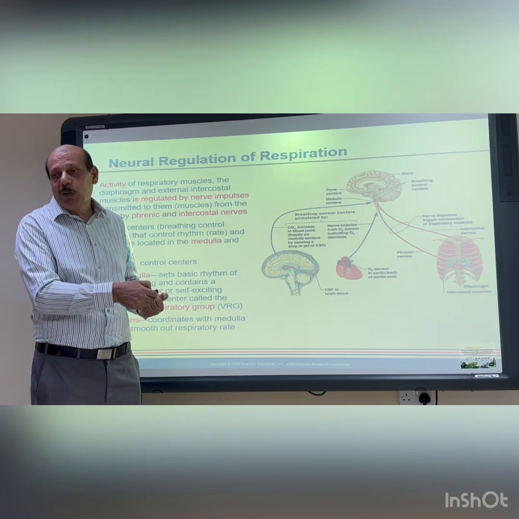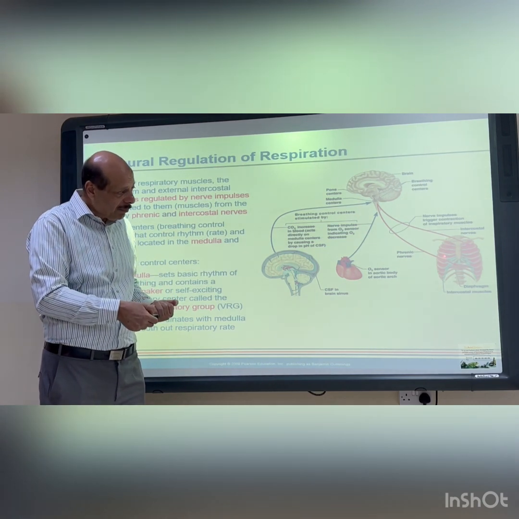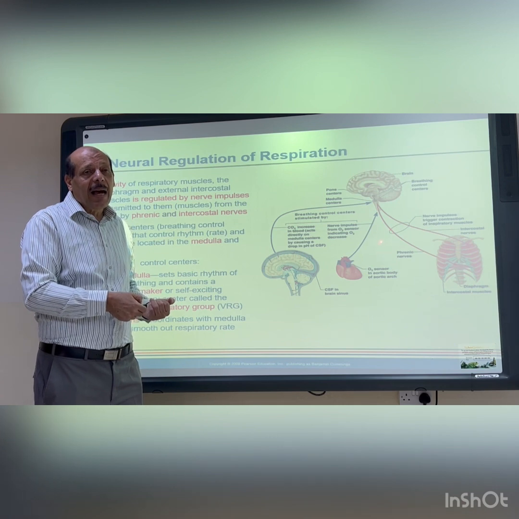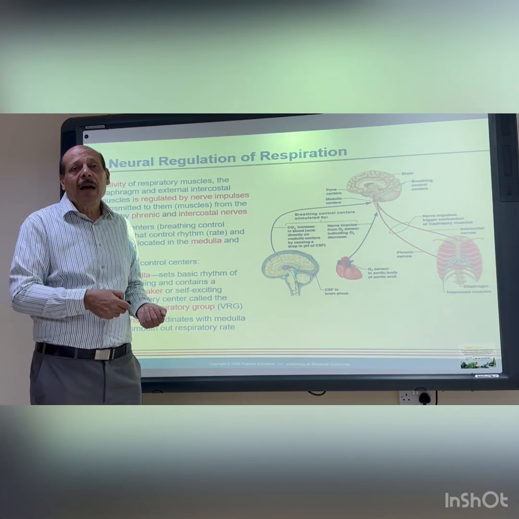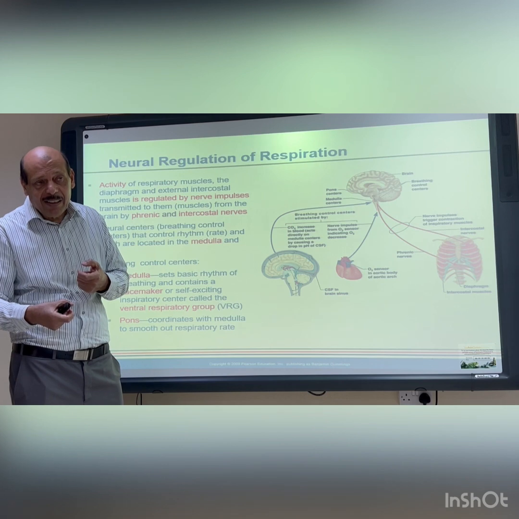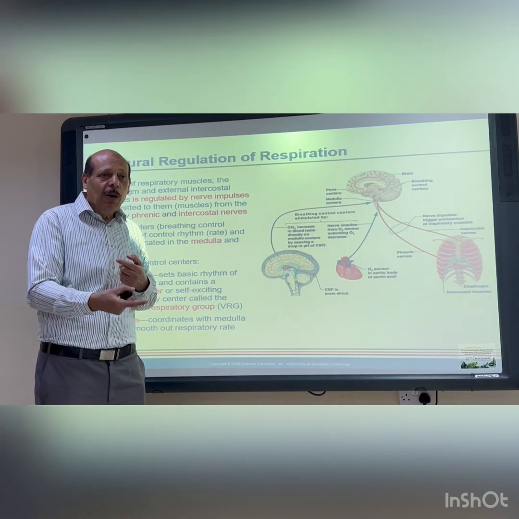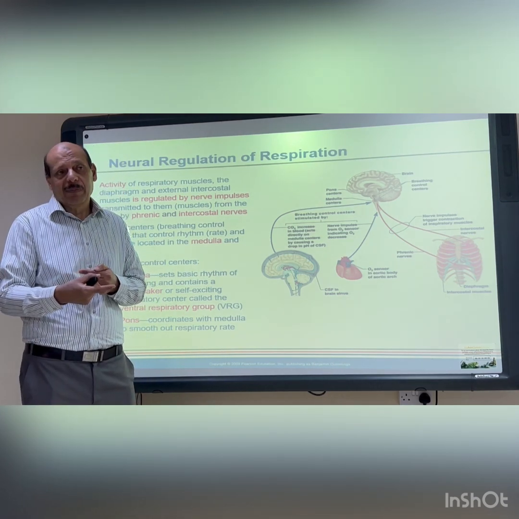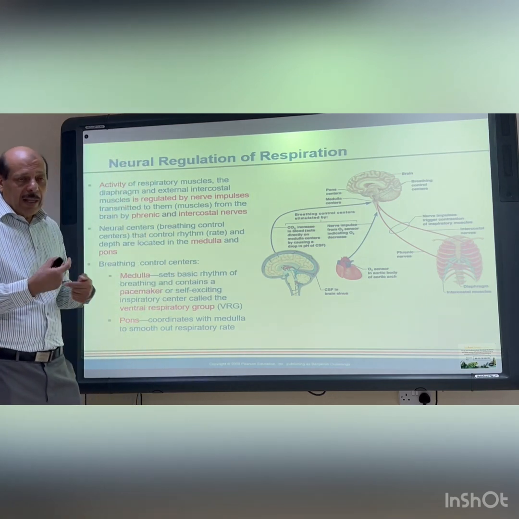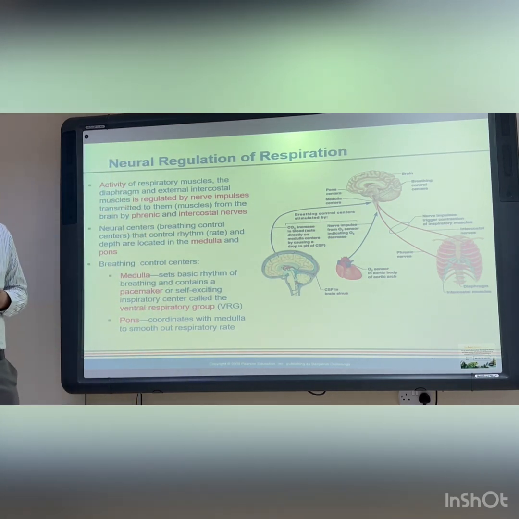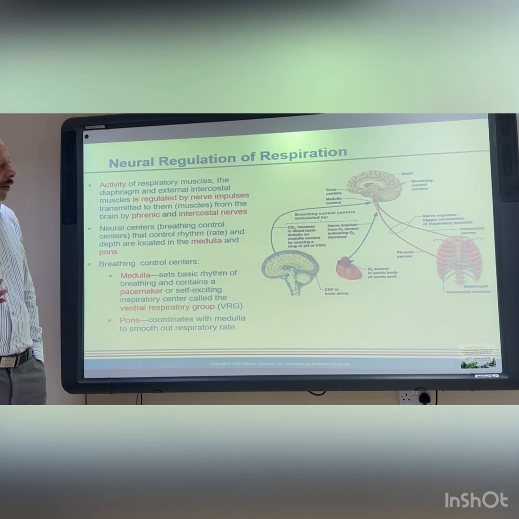Then the breathing control center will increase the contractility and also the number of contractions. By that, the rate and the depth will be increased, depending upon the level of oxygen in the blood.